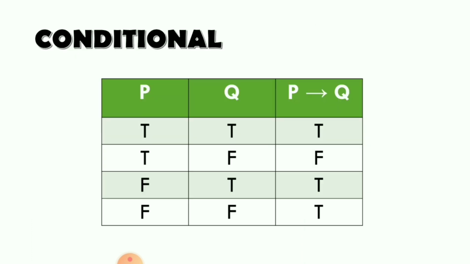We'll be needing the truth table for the conditional. It will be true if your conclusion is true, or if both the conclusion and the hypothesis are false, then that is true.